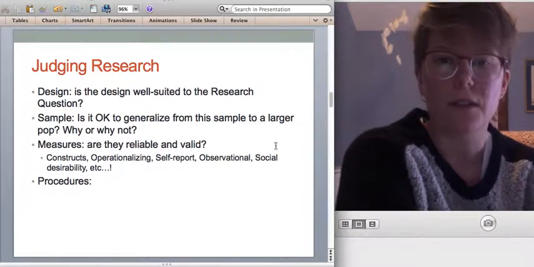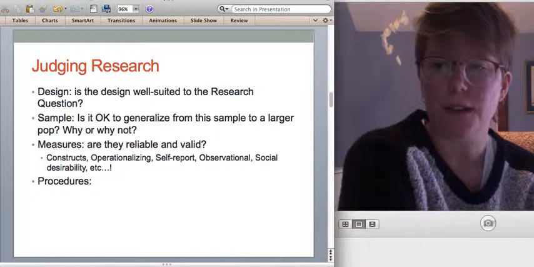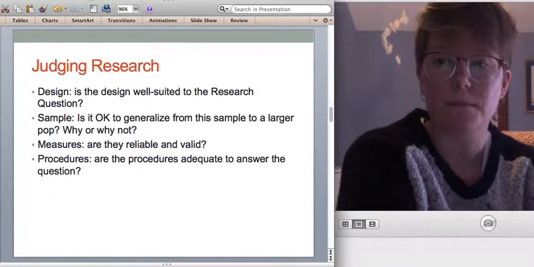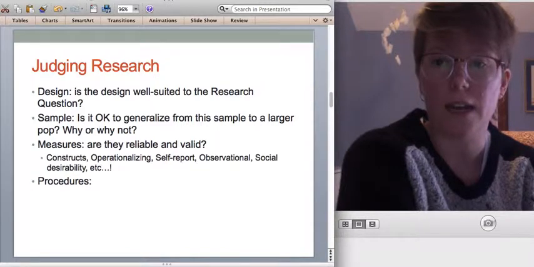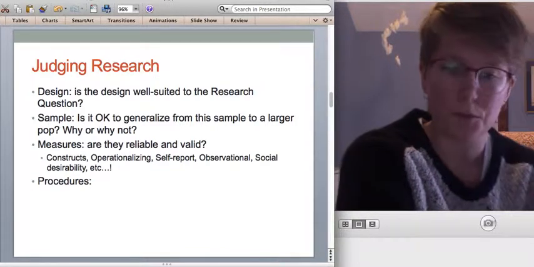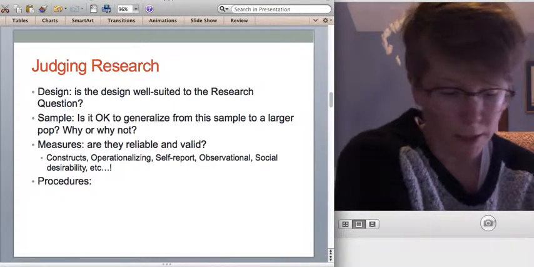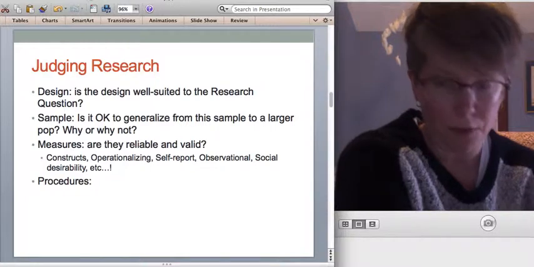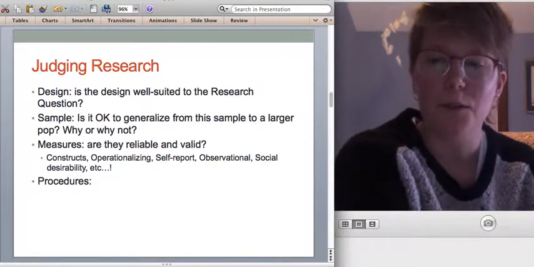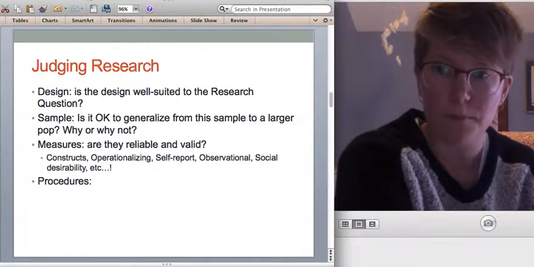Social desirability comes into play with measurement, and this has to do with procedures as well. Are the procedures adequate? So say you're measuring through an interviewing process, but if you don't like the way the person's answering, you give them an electric shock. This is a really extreme example, but that would be a procedure that would really invalidate the measurement system, right?